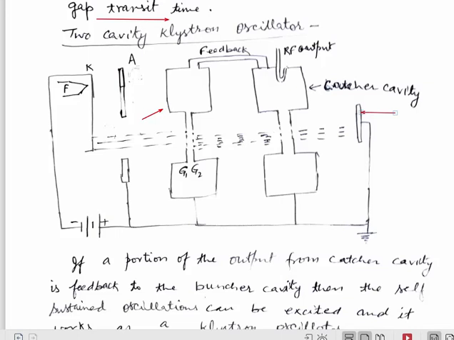So the reflex klystron is the common microwave tube which is used for the generation of microwaves in the laboratories and for experiments. Thank you.